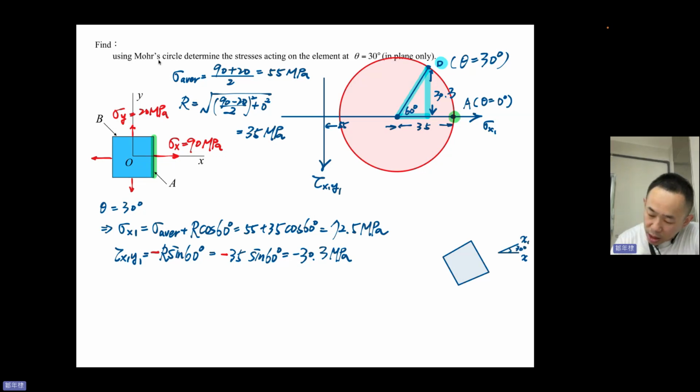So the stress element here is 72.5 MPa and minus 30.3 MPa. So this is 72.5 MPa, and this is 30.3 MPa. This is 72.5 MPa, and shear comes in pairs, in a group, right?